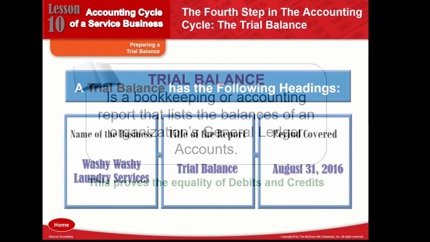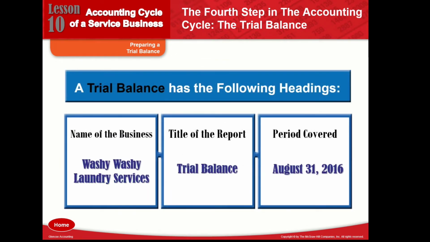A trial balance has the following headings: name of the business, title of the report, and period covered. In continuation of your transactions, you will again be using the Washi-Washi Laundry Services.